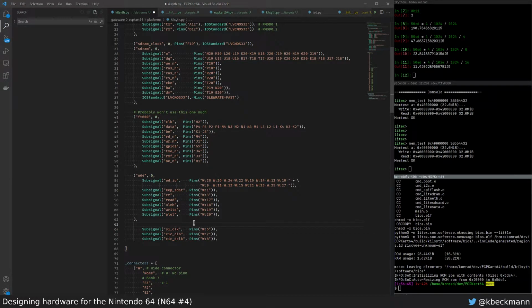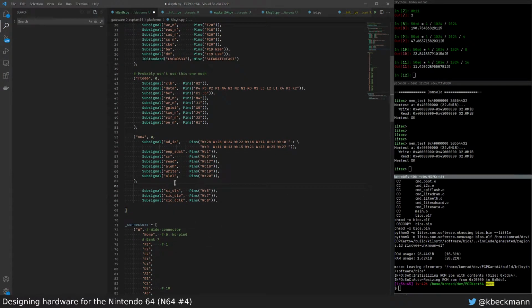So instead of having a full N64 group with all of the signals, we can split them up. Let's call this N64 CIC. Let me just check if we need any more pins.